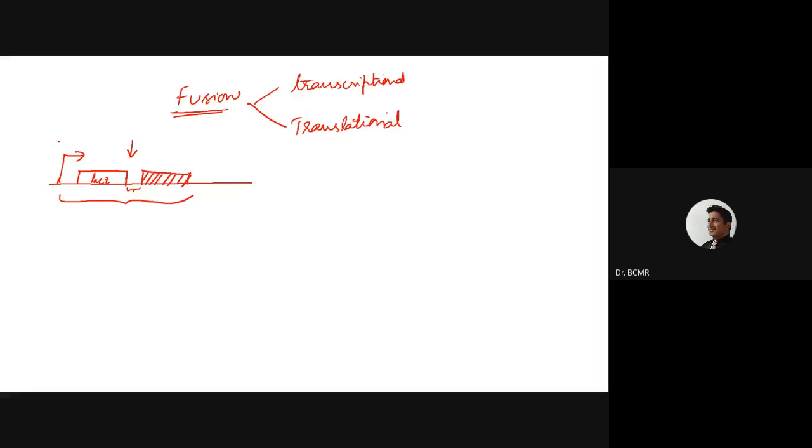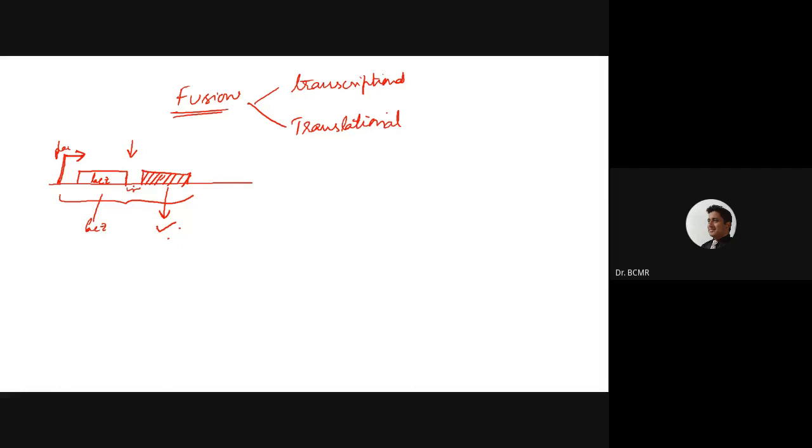Say for example, if I put LacZ here, and this is PLac or the promoter for the lac operon, then anytime this promoter is activated, then LacZ will be produced. After that, whatever gene is there, that will be produced. So the gene of interest will also be expressed in that case.